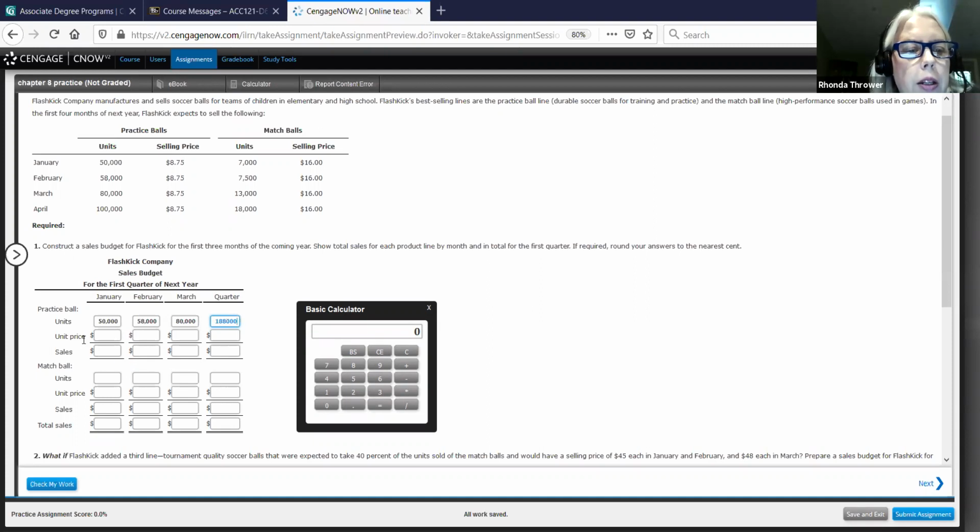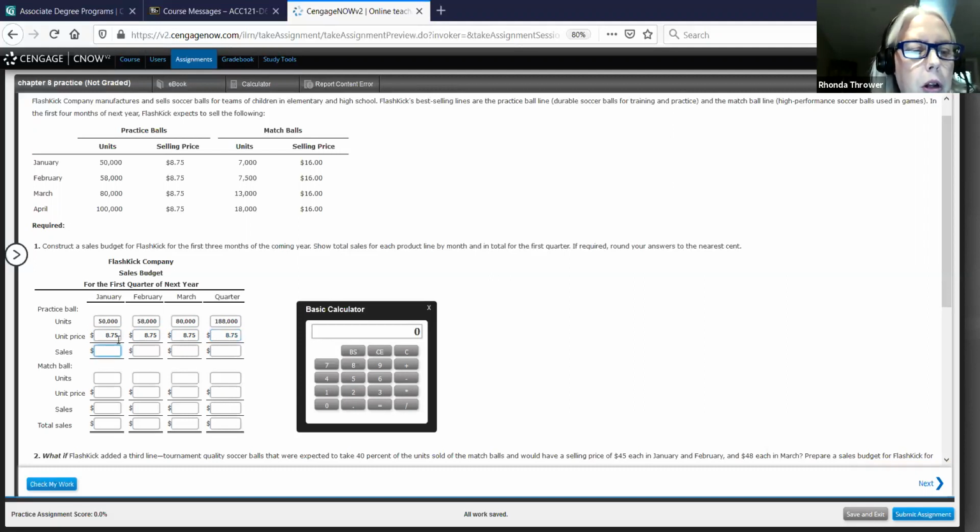Then we're going to write in the unit price. The unit price for the practice balls is $8.75 for each of the first 3 months. And so for the quarter, it would still be $8.75 because the sales price per unit is not going to change over that 3-month period.